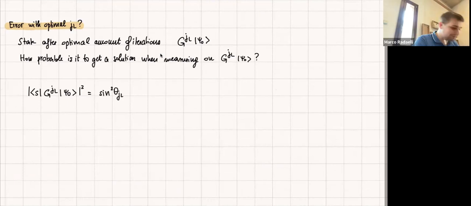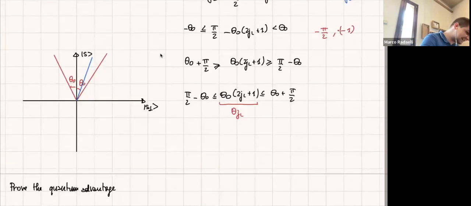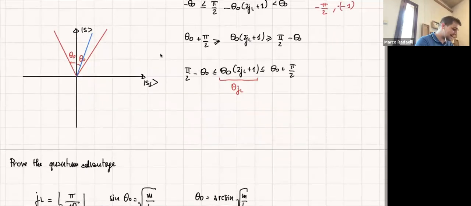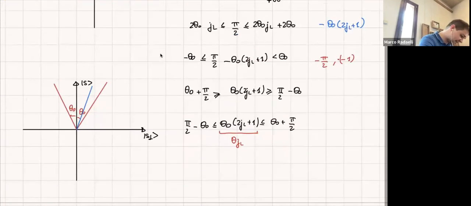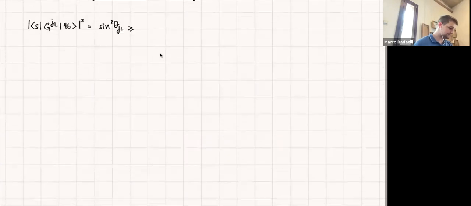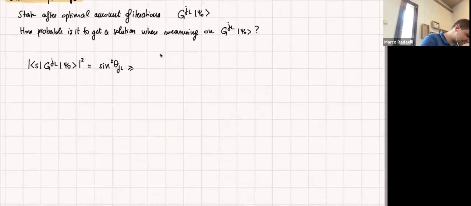Now you are actually using your idea in order to upper bound this error in terms of the initial parameters. We know that at this point we are inside the red cone, so the sine is always larger than the sine of this angle here. So this is larger than the sine squared of pi half plus theta naught.